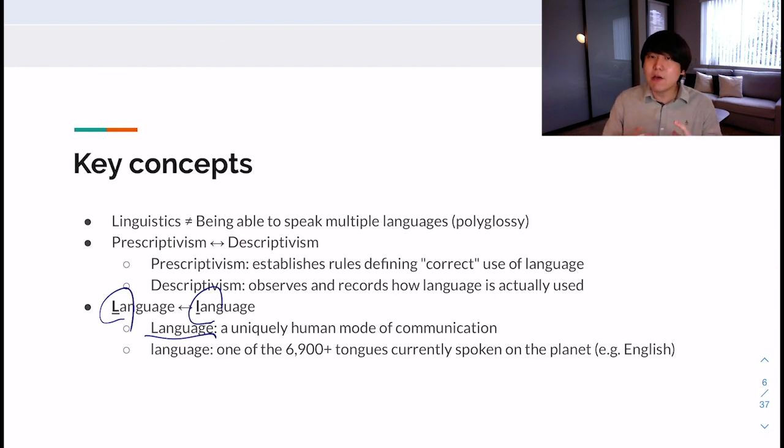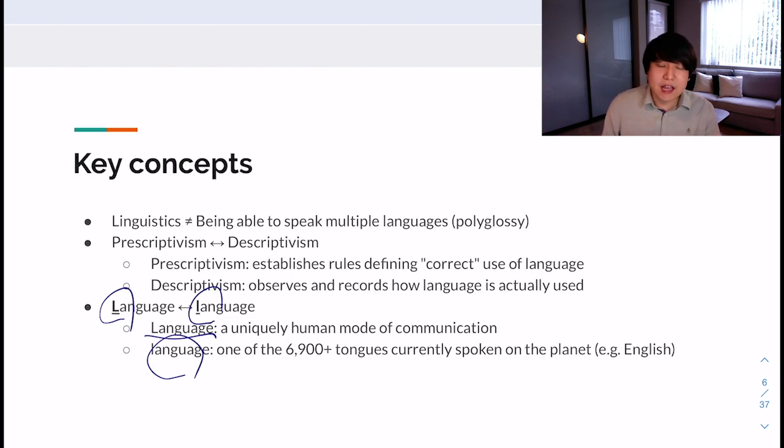It's talking about the whole concept of language. It's not about a language with a small l, which refers to one of the 6,000-something tongues currently spoken on the planet. For example, English, Chinese, Arabic, Thai, Korean, those kinds of languages are language with a small l.